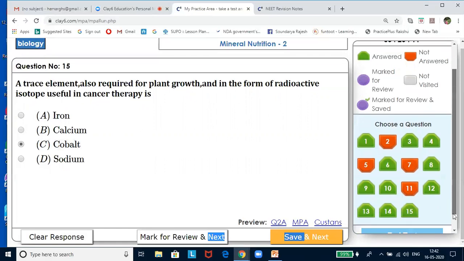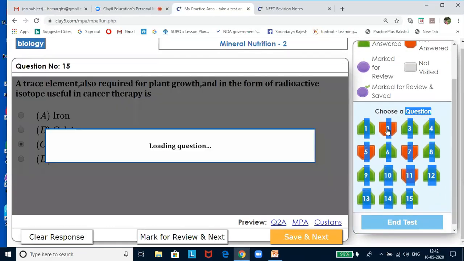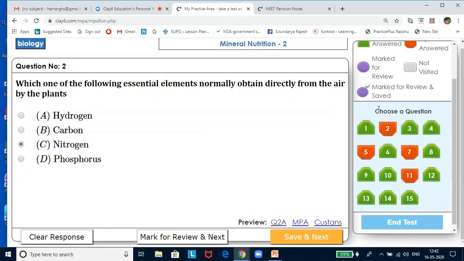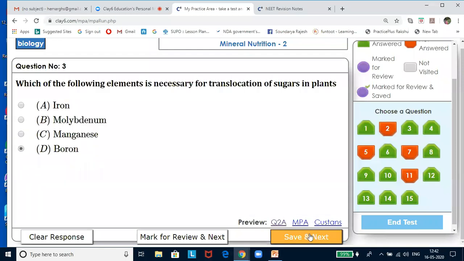Now let me go and check why these things have not been taken up. Which of the following essential elements is directly obtained from the air by plants? It is going to be carbon. Next, let me click the fifth.